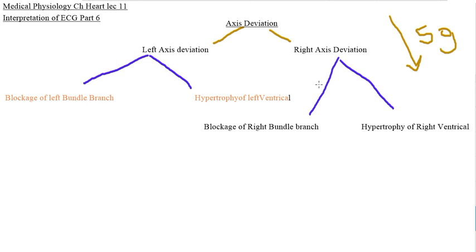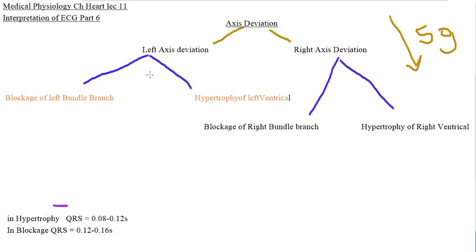Likewise, I will also explain how you can diagnose whether the right axis deviation of the QRS vector is because of blockage of the right bundle branch or because of hypertrophy of the right ventricle. These two important parameters will help you in diagnosis.